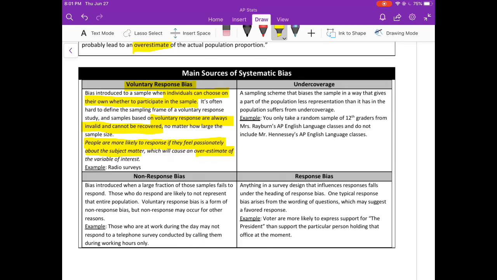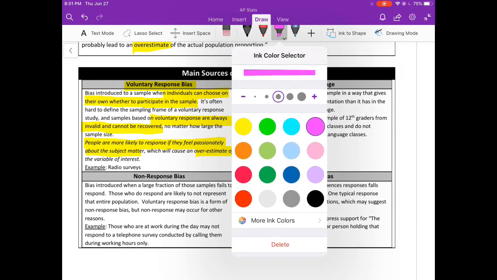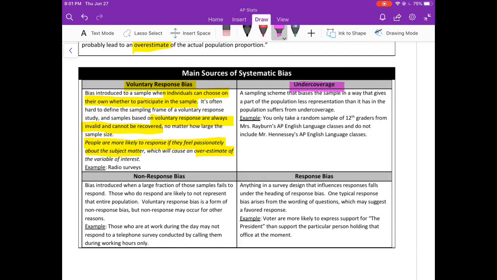The next one that we're going to go over is undercoverage. So a sampling scheme that biases the sample in a way that gives a part of the population less representation than it has in the population causes it to suffer from undercoverage.